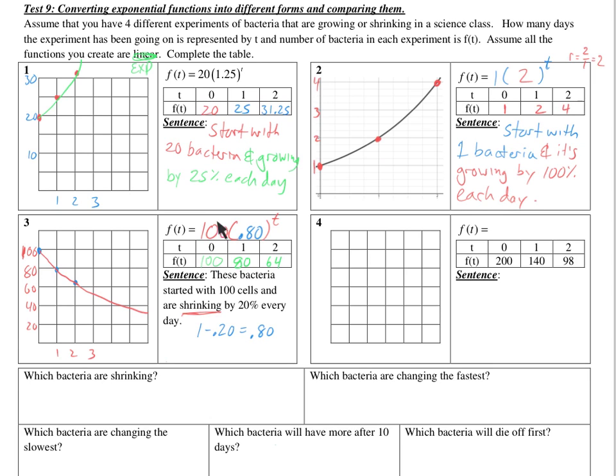So we got growing, growing, shrinking. We're now here. We have a table. What do you think? Is it growing or shrinking? Shrinking. Can you see it shrinking? So from this table, do you want to do the sentence or the equation? Well, I'm going to do the equation. Isn't 200 go first? Yes, sir. 200 always goes first.